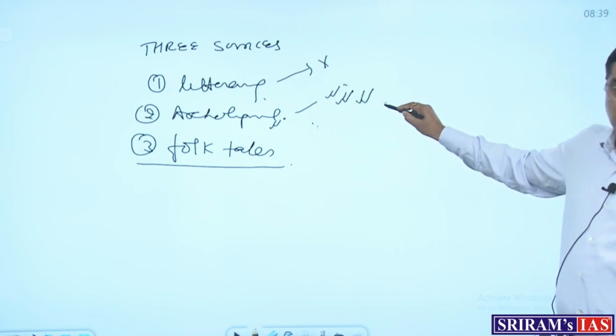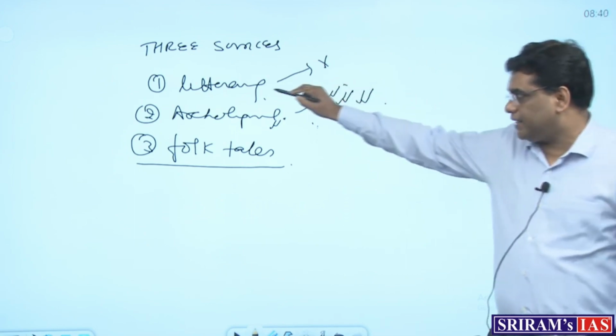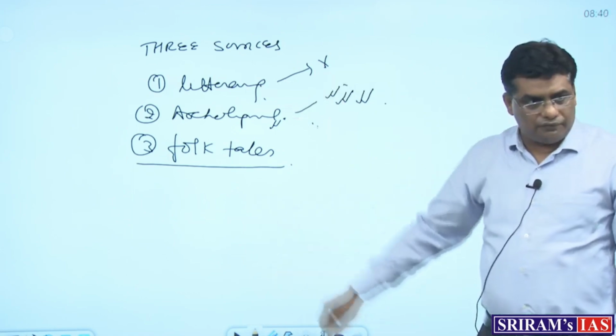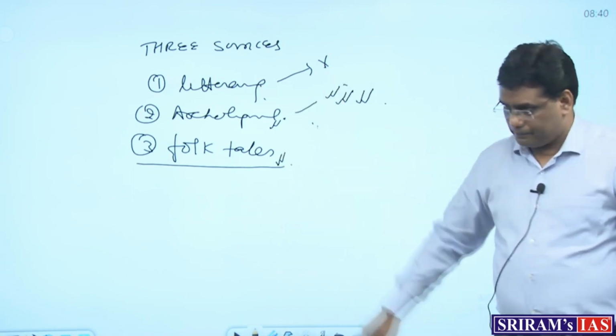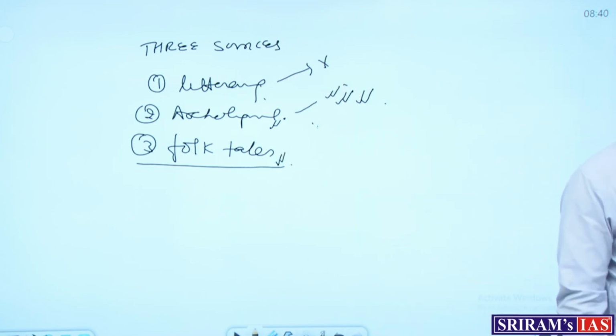If there is no archaeology, only then will we take the support of literature. If there is a big gap, then folk tales. Archaeological source is considered the most reliable because we can find the carbon dating method scientifically to put the date.